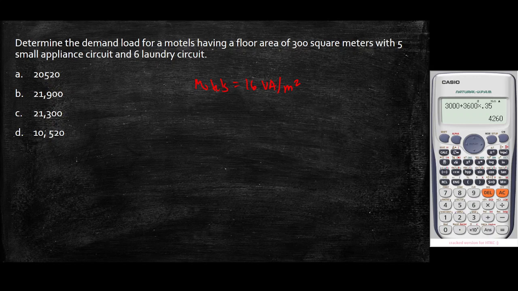So for motel, that is 16 volt ampere per square meter. So we have para sa kanyang lighting and receptacle load.